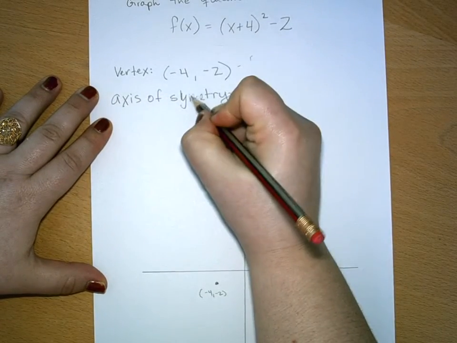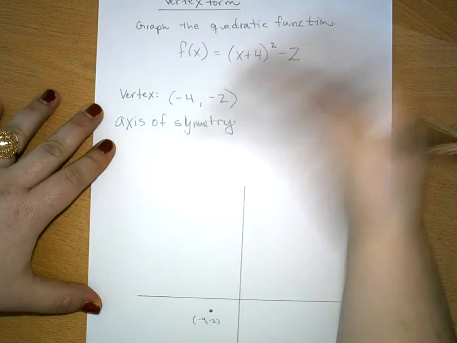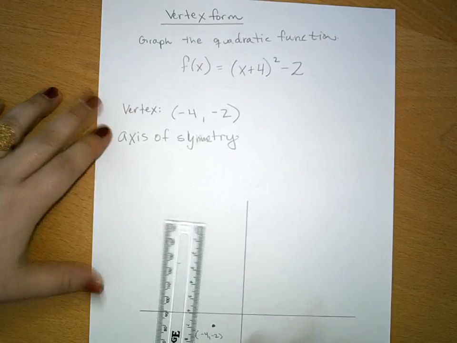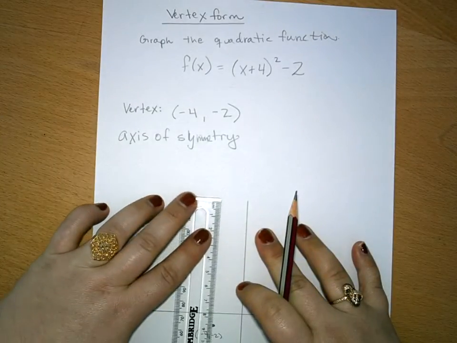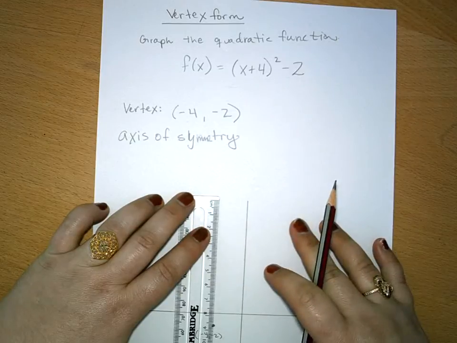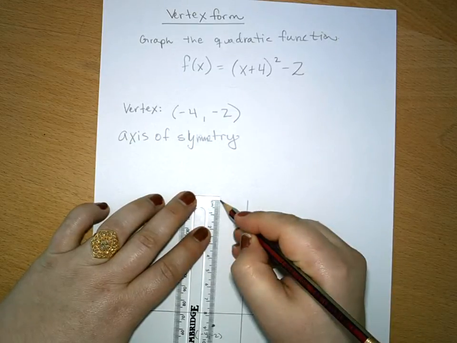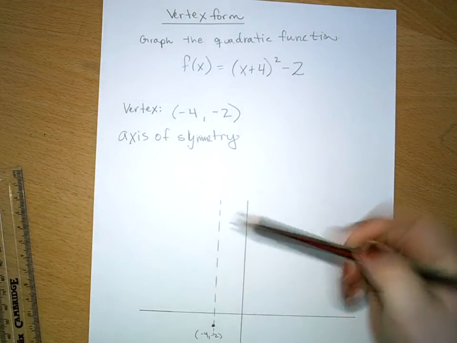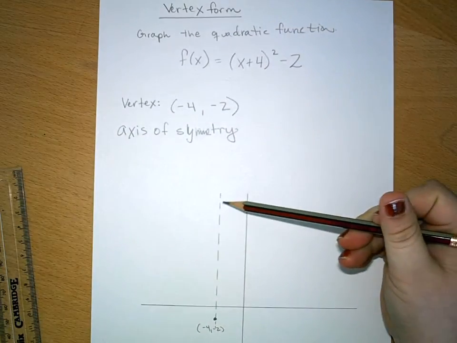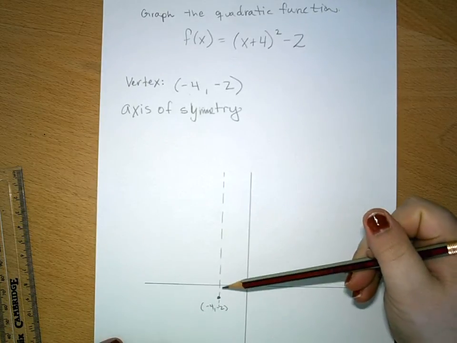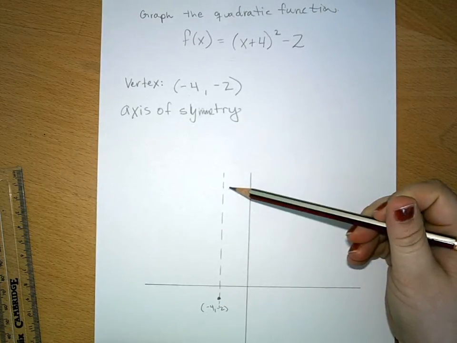Now, the axis of symmetry can be found by drawing the vertical line that passes through the vertex of the parabola. So we could call this the line that cuts the parabola in half. This is the axis of symmetry.